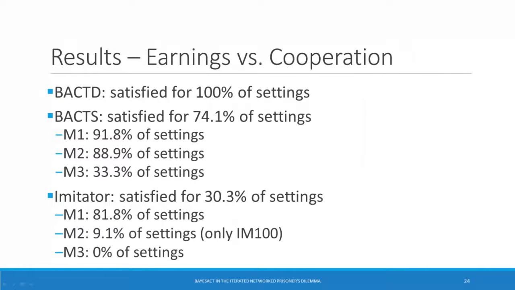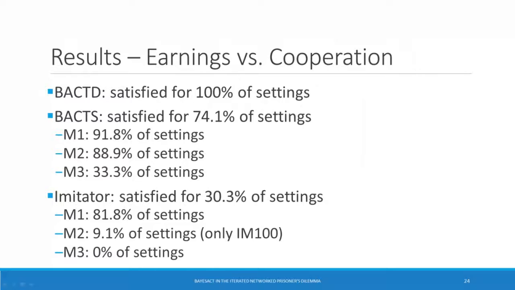So next, looking at the score versus cooperation, we did a Pearson correlation test, and what we're looking for in the Pearson test is a negative correlation with a p-value of less than 0.05, so a statistically significant negative correlation.